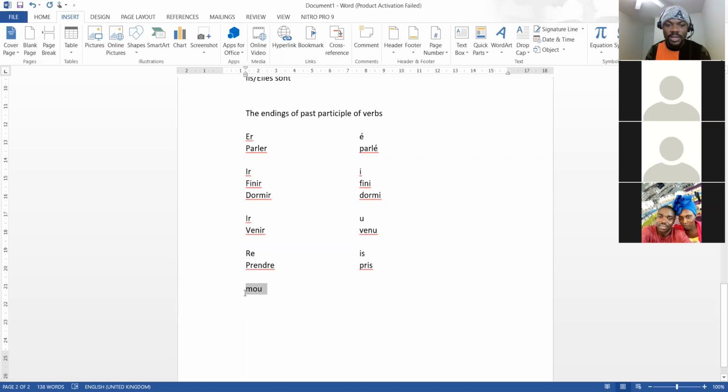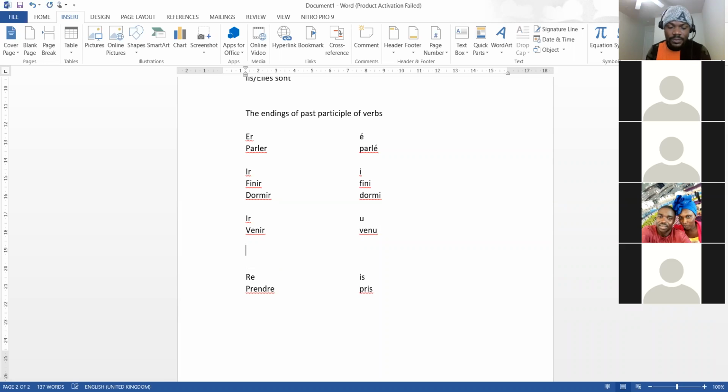Now mourir here ends with ir, but let me place it under ir differences. Those ones are different. It's still ir, but it is so special. The verb is mourir, to die. The past participle of mourir is mort.